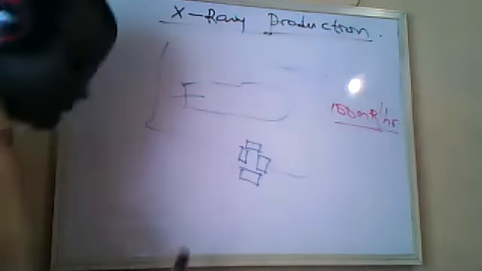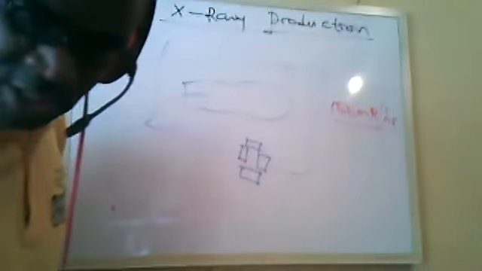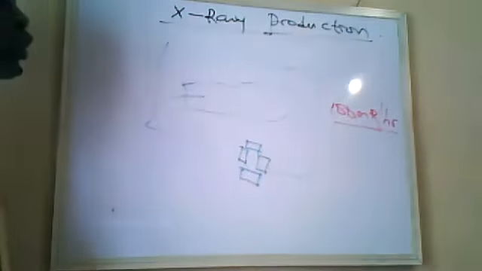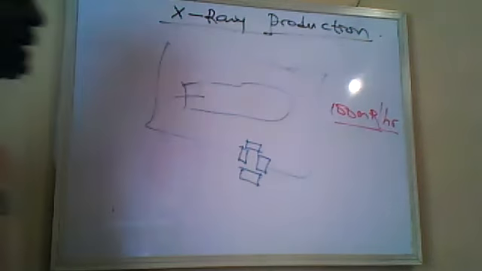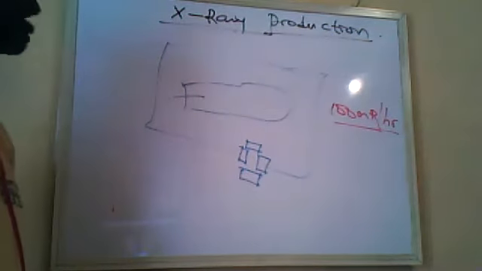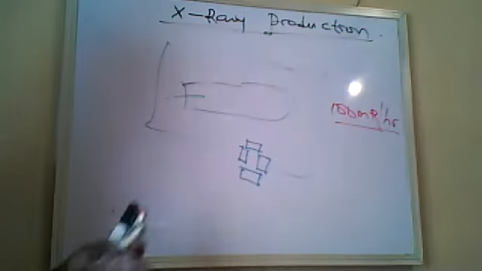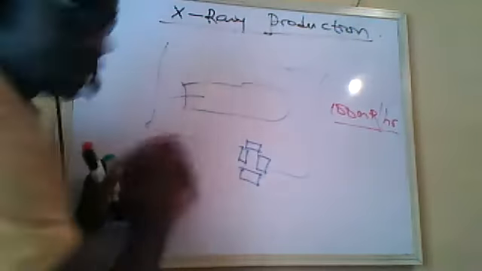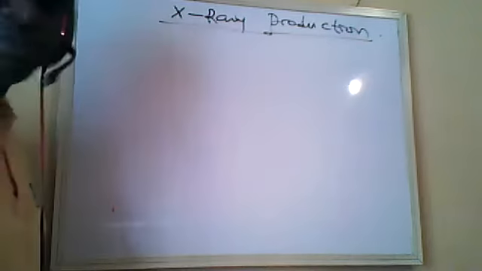So this is the allowed leakage radiation that we can have in an X-ray tube. It shouldn't be more than that. When it goes higher than that, then it calls for maybe additional shielding of the tube. Collimators. Then we look at the filtering.